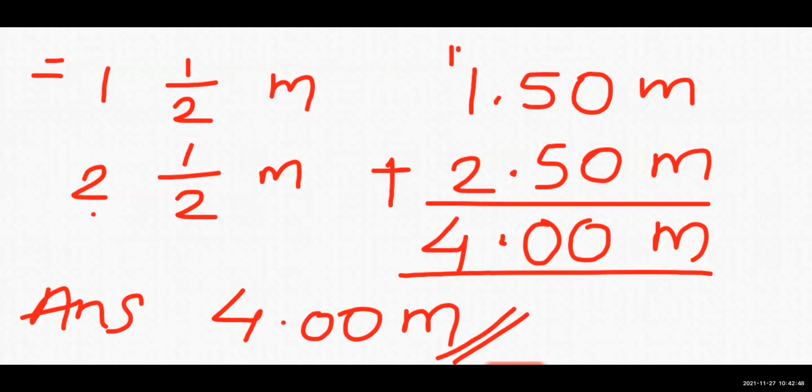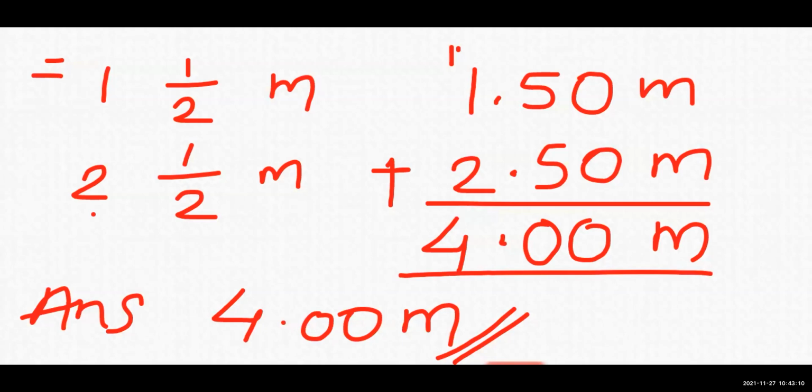How is the question given? 1.5 meter. So 1.5 meter you will convert into a fraction. It will be written as 1 and 1/2 meter. Second, it is given 2.5 meter, which means 2 and 1/2 meter. Now next, you have to write that into a decimal fraction.